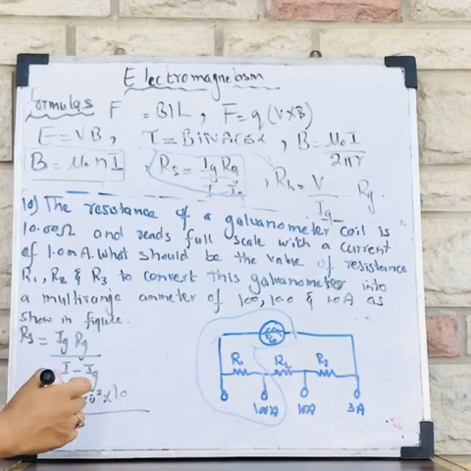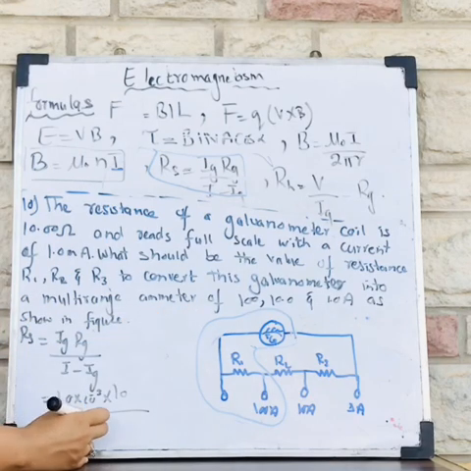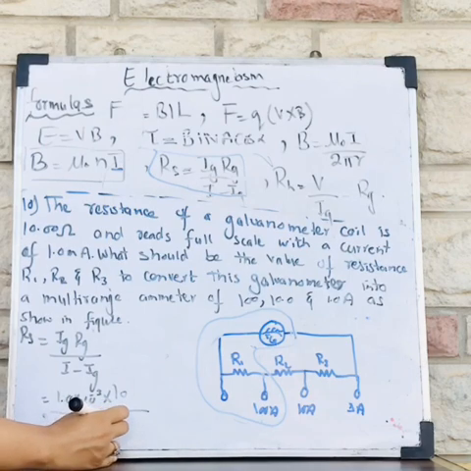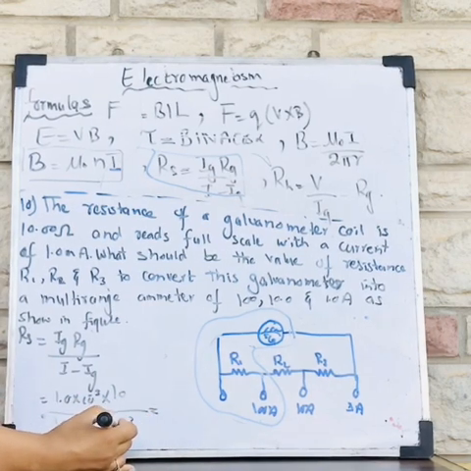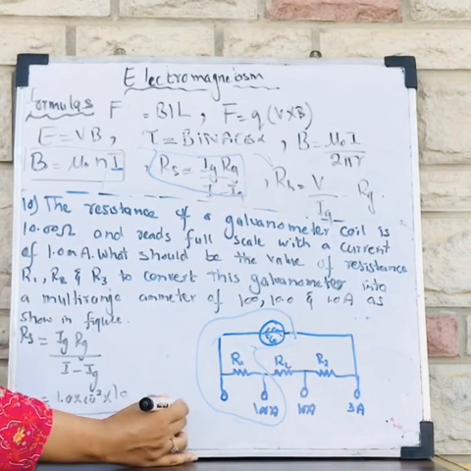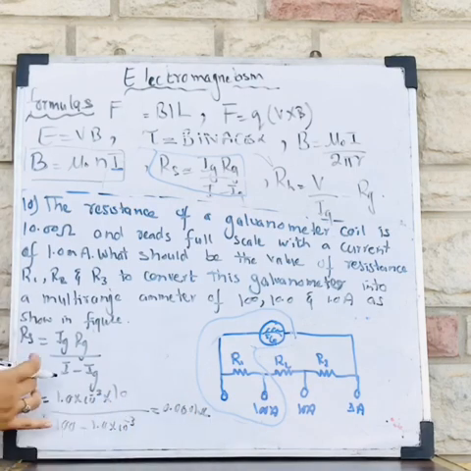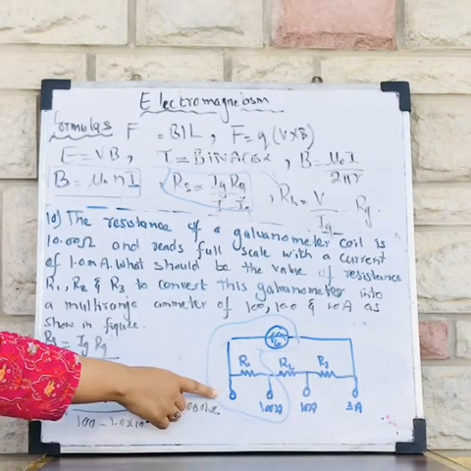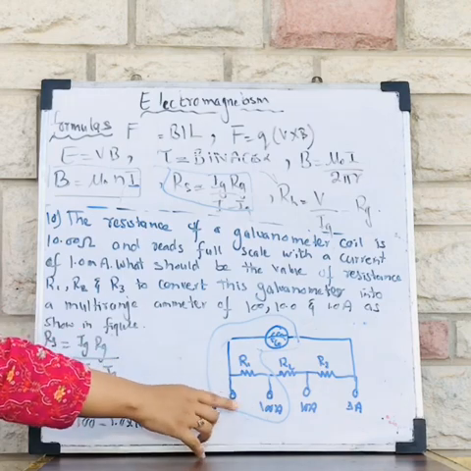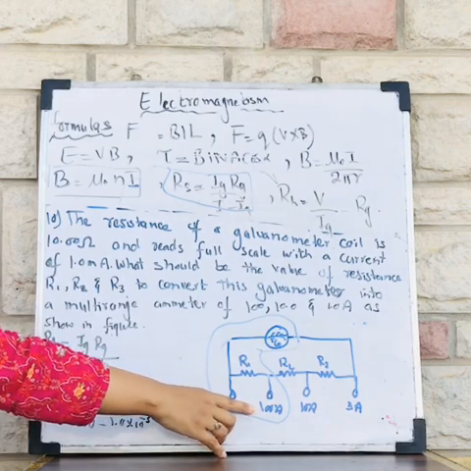This is my current. Then 100 minus Ig, 1.0 into 10 to the power minus 3. After calculation, I get R1 equal to 0.0001 ohms. This is the value of the shunt resistance when I apply 100 ampere.